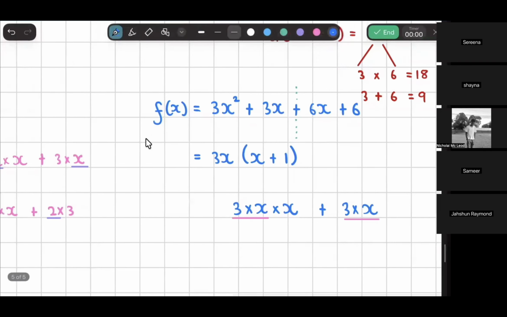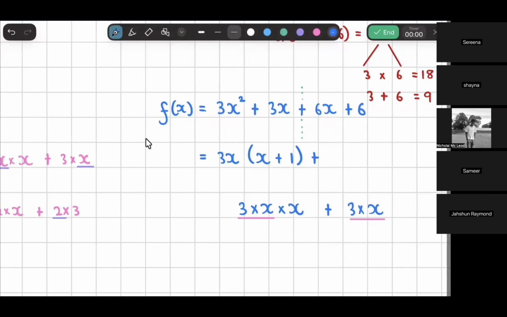Okay, so I want you to help me with the other one now. Look at 6x and 6. What are you seeing in common between 6x and 6? 6, sir? Right. So what am I going to put inside the brackets now? If I pull out 6 from 6x, what would I need to put here to multiply by 6 to give me back 6x? 6 plus 1?